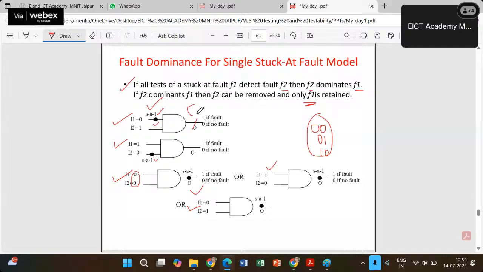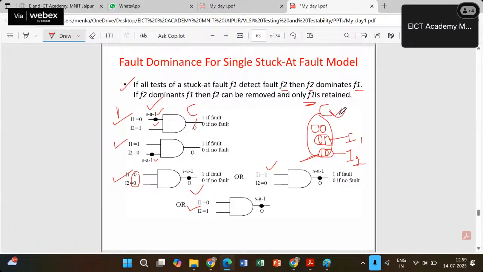This is, let's say, output C. So output C is a superset of, let's say, input I1 and input I2. So we can remove a fault if we are sure that by applying this test vector, I am able to detect that fault also, which I am going to remove. If I'm using this test vector, then I can make sure that the C fault is also being detected.